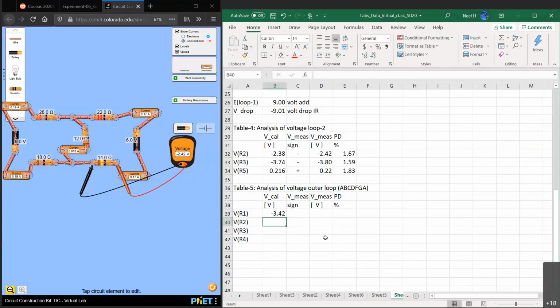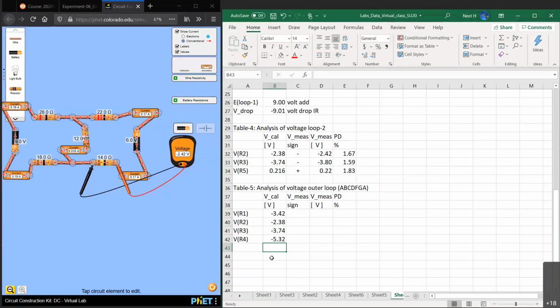Good. And then similarly R2, this one right here: current passing through 0.17, resistance there is 14. R3 right here on the top: current passing through there 0.17 times resistance there 22. Current passing through R4, the sign is still negative because the loop and current direction are the same. Current passing through resistor number 4 is 0.19, and then resistance is 28.